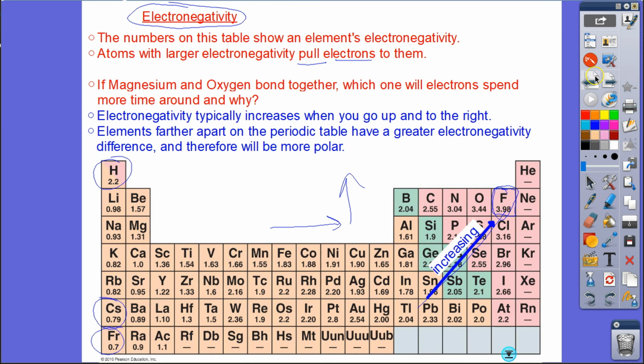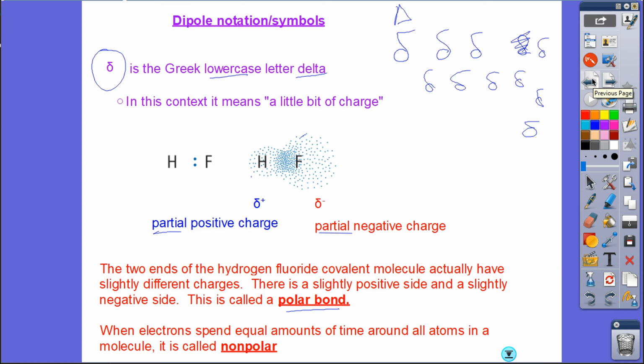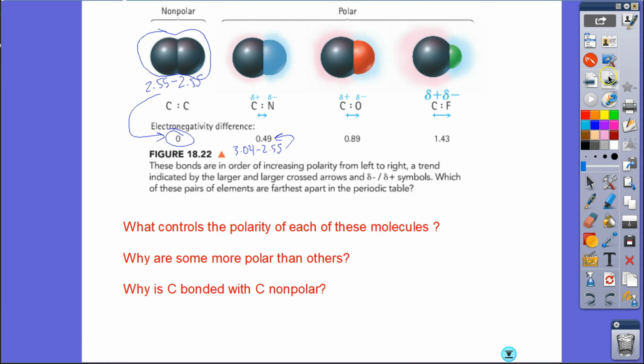The electrons typically spend more time around the nitrogen atom, so it's got a partial negative charge. Since they spend more time around the nitrogen atom, that means the carbon atom will have a partial positive charge.